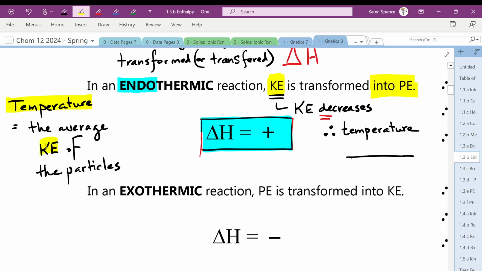So temperature is the kinetic energy. So if the kinetic energy decreases, what happens to the temperature? It decreases. In other words, is it going to feel warmer or is it going to feel colder? It's going to feel colder.